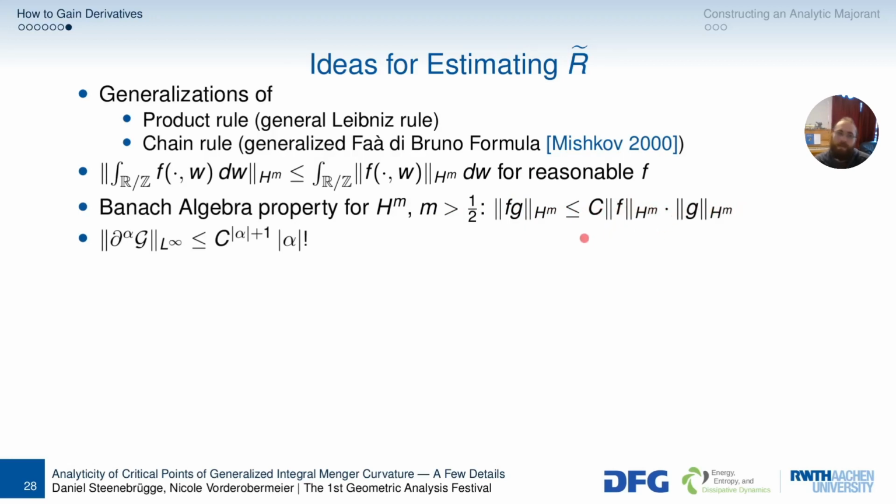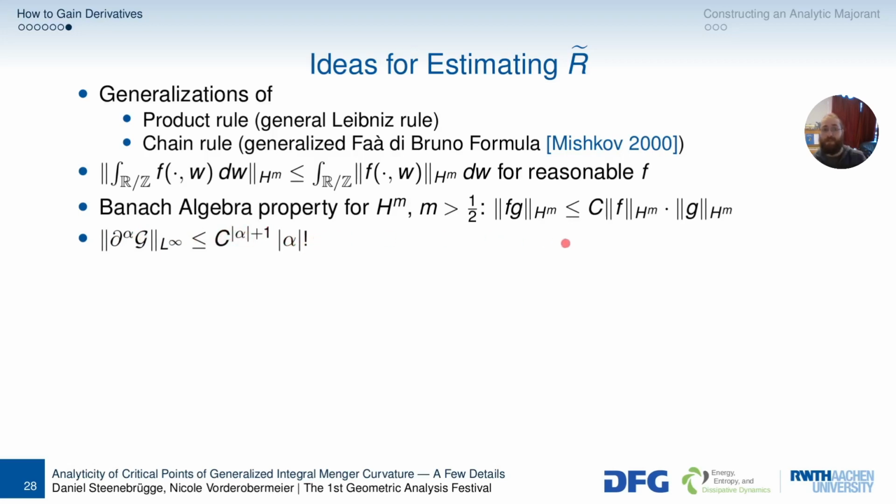If you're saying, well, Banach algebra has to be constant 1, then renormalize, take the Hm norm times c, everything works out. And finally, we're going to need that we can bound analytic functions even in R^m as we did in 1D, so the alpha derivative has to be bounded by c to the alpha plus 1 times alpha factorial.